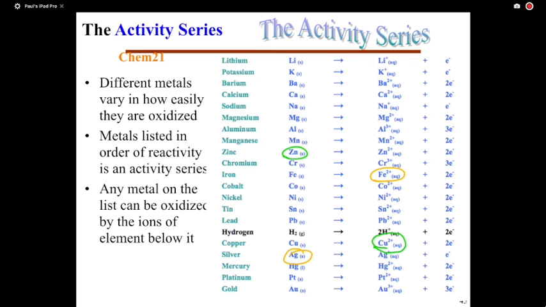So this right here is no reaction. But this will actually cause a reaction. The copper 2+ is reactive enough to steal the electrons from zinc. Okay? So we're going to refer to this table to see if a reaction will occur or will not occur.